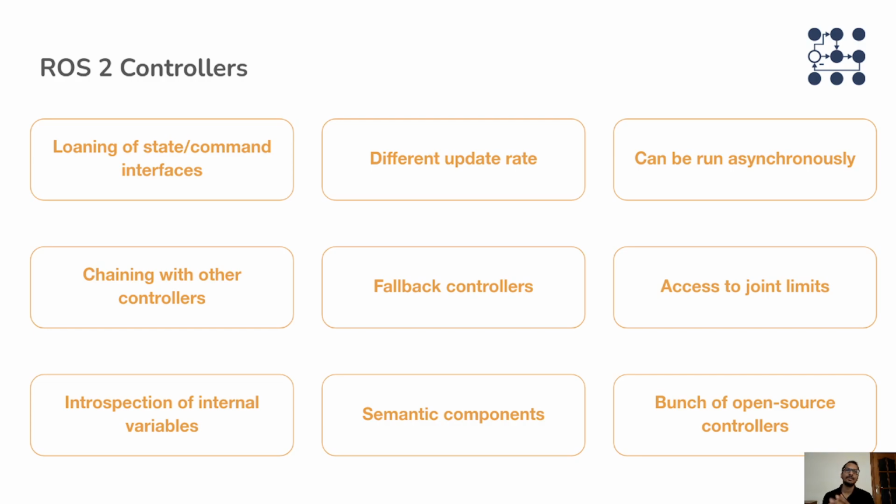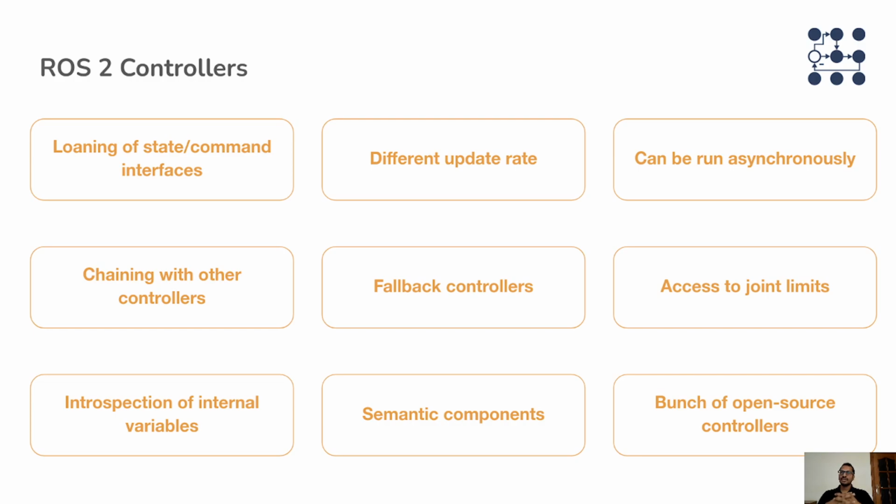You can simply do that by setting a parameter, and you can run them asynchronously in a different real-time thread. Just because let's say that you have a controller that takes longer, let's say 2 seconds, but you don't want other cycles to block because you have to maintain the 1 kilohertz loop. So in that case, you can run them asynchronously by setting an update rate, and it works by simply setting a parameter called is_async.